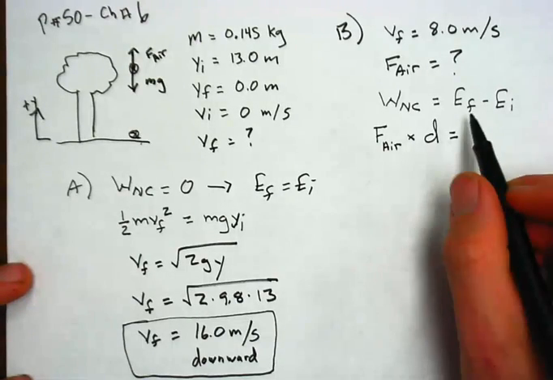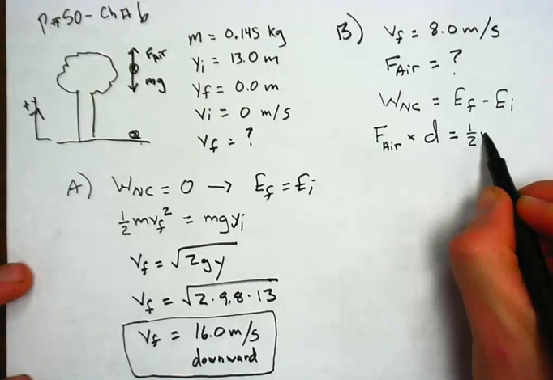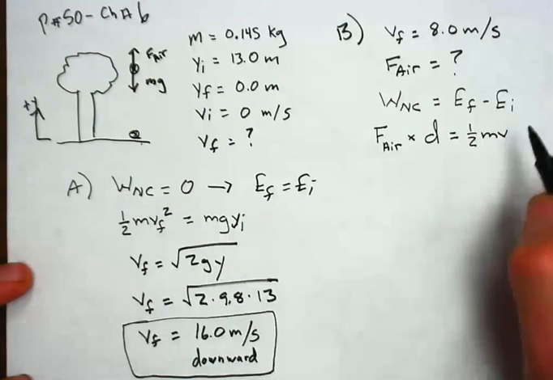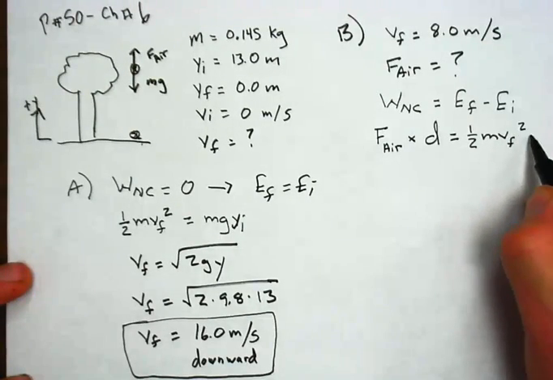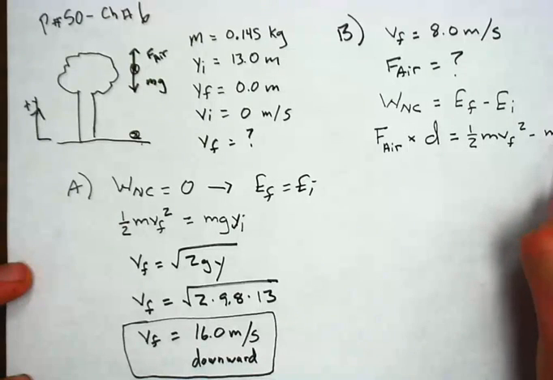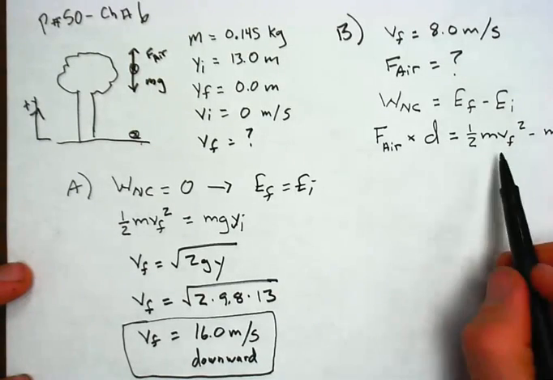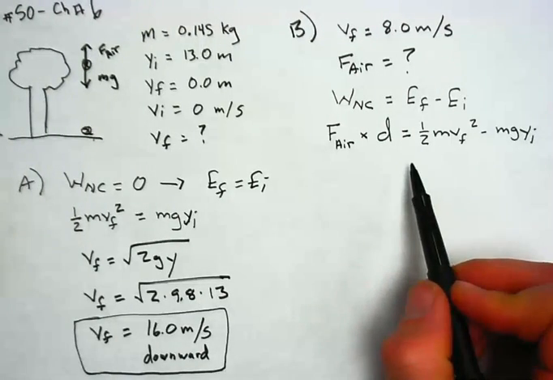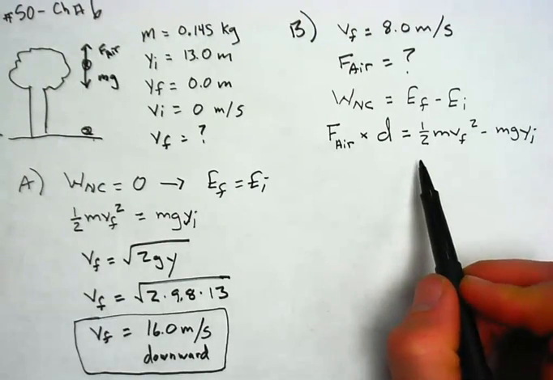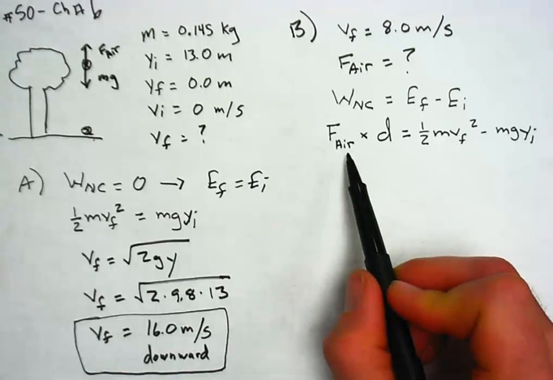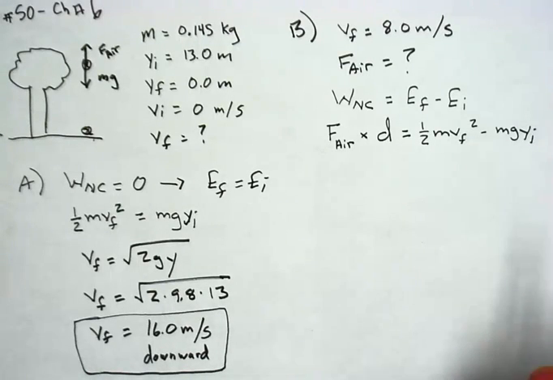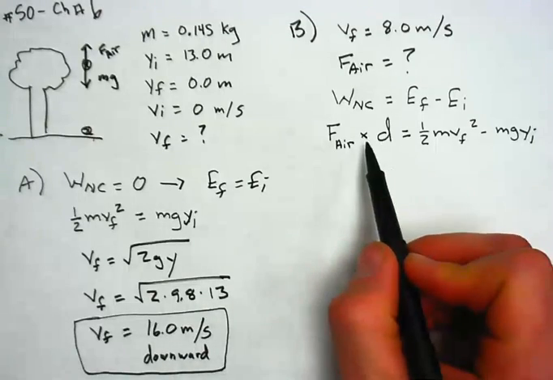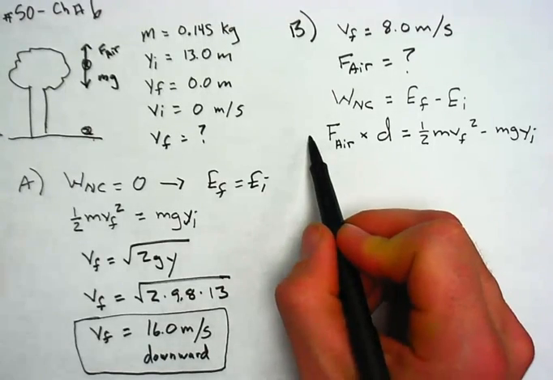So we can continue like we did over here, but instead of the difference in these two being equal to 0, the difference is now equal to the work done by air resistance.